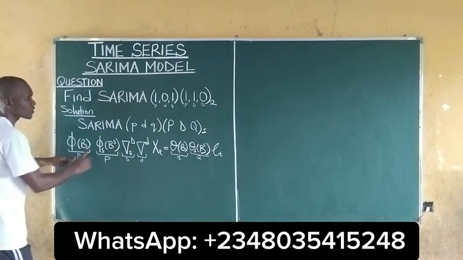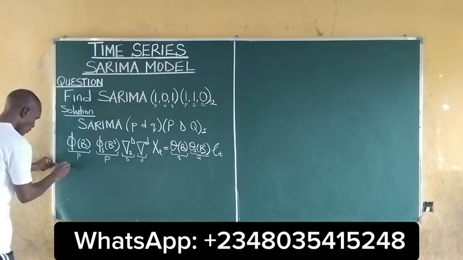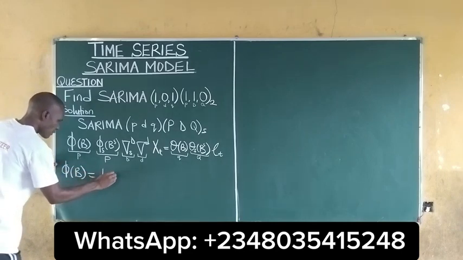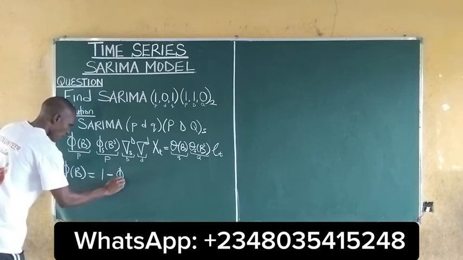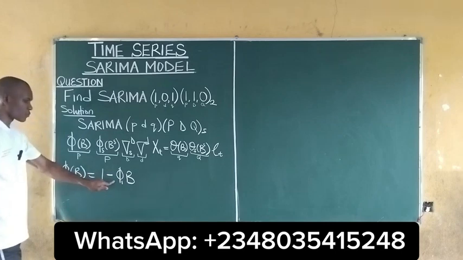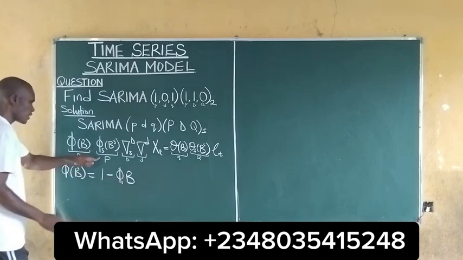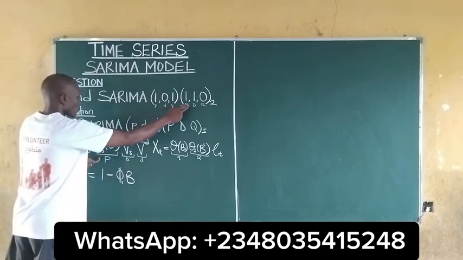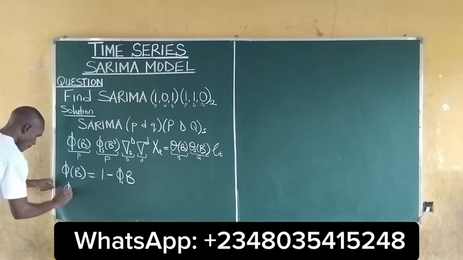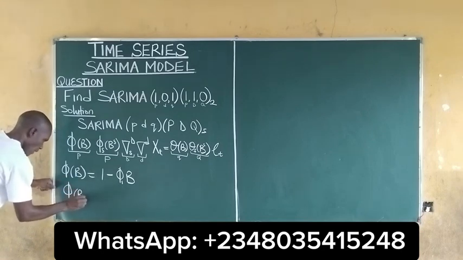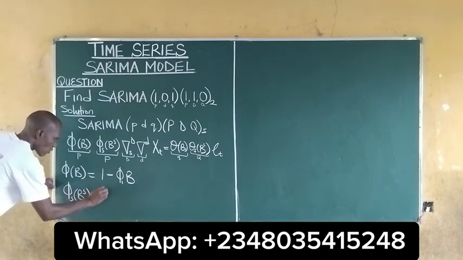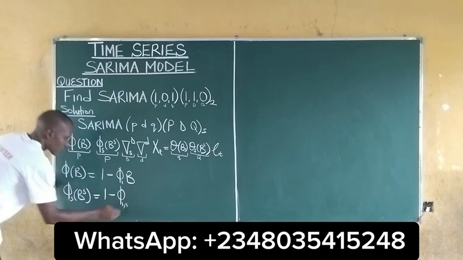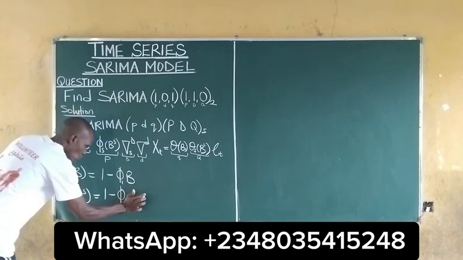The whole of this part, which is our small p, is just 1. So phi(B) is equal to 1 minus phi 1 B, just 1B. So we end it here. The next one we have is the big P, which is also 1. So the seasonal part is equal to 1 minus phi 1 B to the power of s, and we have our s to be 2.